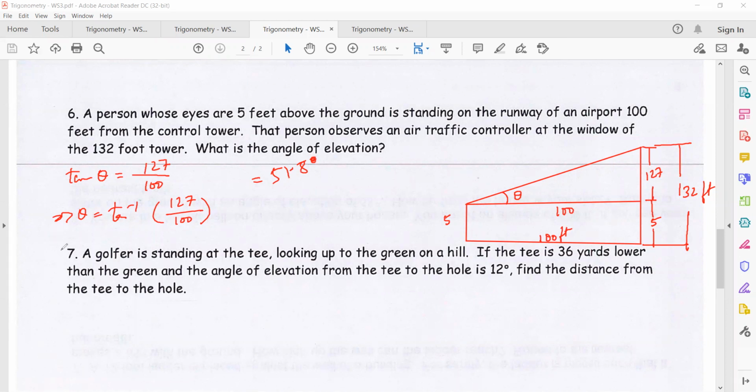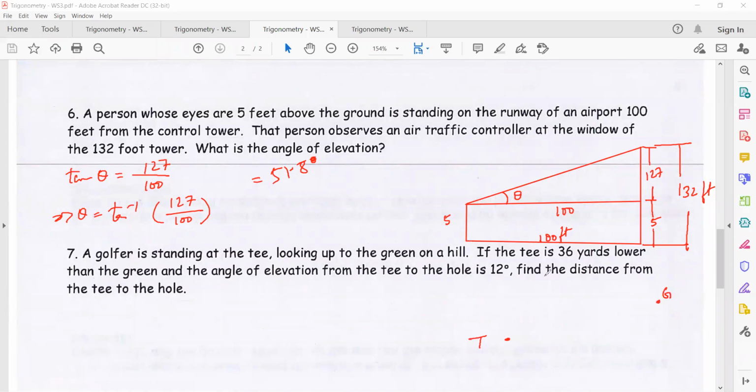Now, next question. A golfer is standing at the tee, looking up to the green on a hill. If the tee is 36 yards lower than the green, and the angle of elevation from the tee to the hole is 12 degrees, find the distance from the tee to the hole. So the same thing, just suppose here is the tee and here is the green.